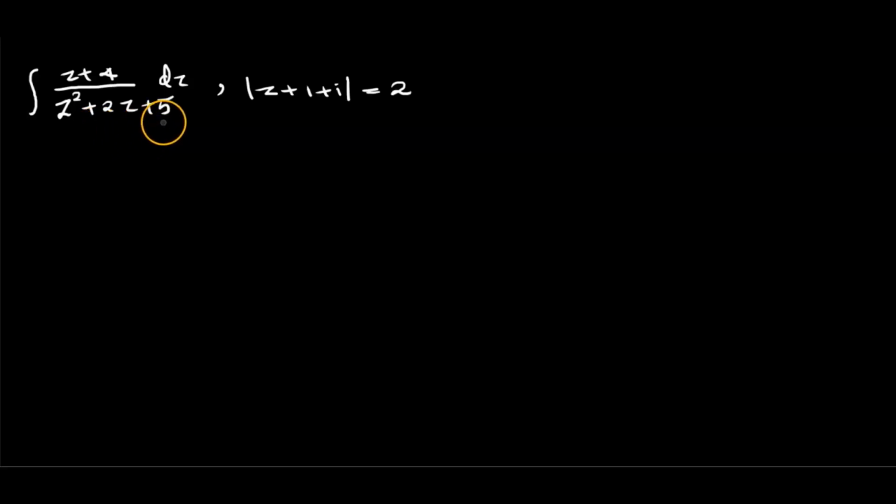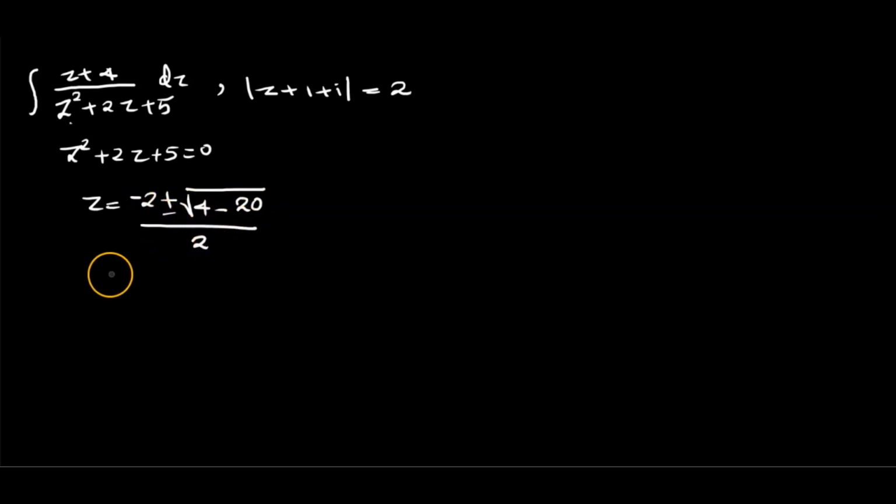So the denominator is 0 when z square plus 2z plus 5 equal to 0, when we get complex roots. That means z is equal to minus b plus or minus root of b square minus 4ac, divided by 2a, that is minus 2 plus or minus root of (4 minus 4 into 5, 20) divided by 2.